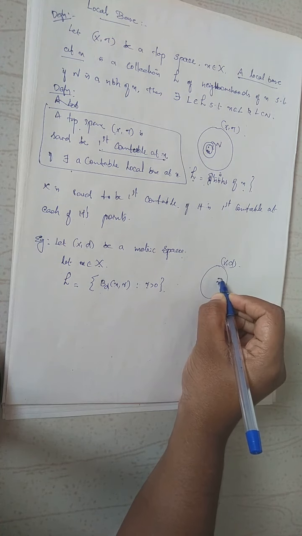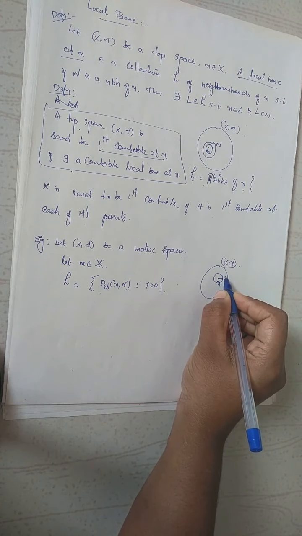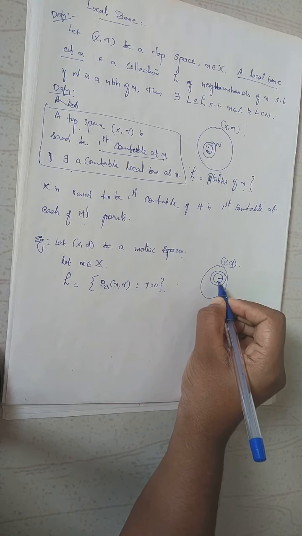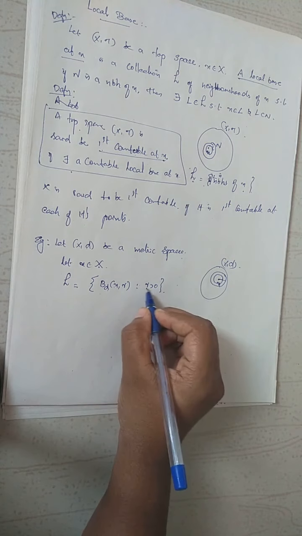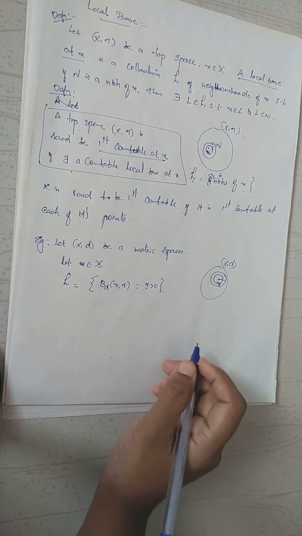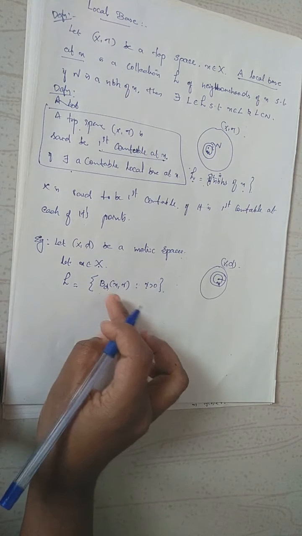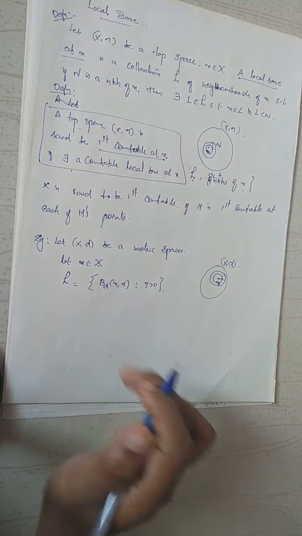If I choose r equal to 1, it is an open ball with unit radius. And if r equal to 2, it is an open ball with radius 2. The center point is fixed. We are varying the radius of that open ball. This will clearly be a collection of open balls centered at the point x.